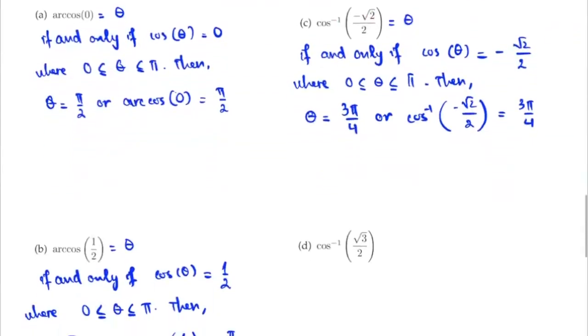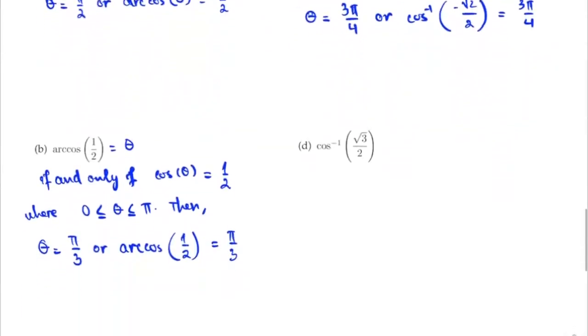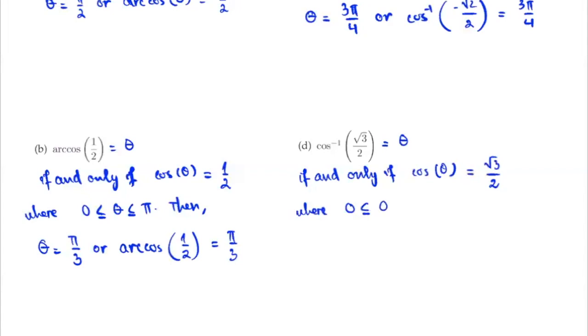The last problem here, we are looking for the inverse cosine of root 3 over 2. So we're looking for the angle theta such that, if and only if, cosine of theta is equal to root 3 over 2. Okay, where theta is between 0 and pi.